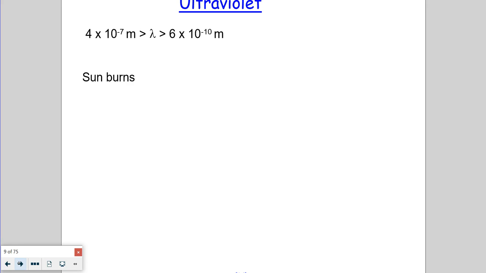So a lot of times what you do is you feel how hot you are, and you say, I've had enough sun. Well, on a cloudy day, infrared is easily absorbed by water. As the light passes through the clouds, a lot of the infrared is removed, and so you don't feel as hot. But you're still getting pretty much just as much ultraviolet.